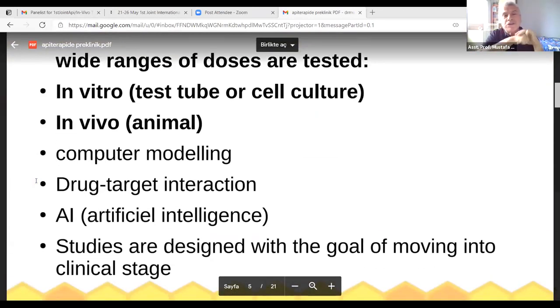For that reason, wide ranges of doses are tested. As we know, preclinical studies are in vitro, which means test tube or cell culture, and in vivo, which means animal. There is also one more player in the arsenal of preclinical studies, so-called in silico. That means everything is done in computer modeling, in artificial intelligence.